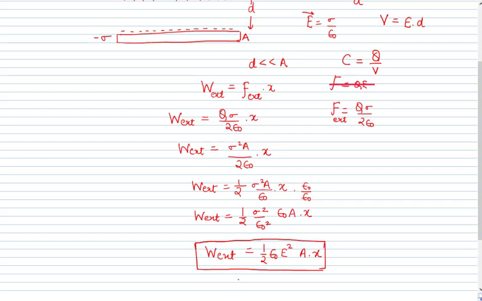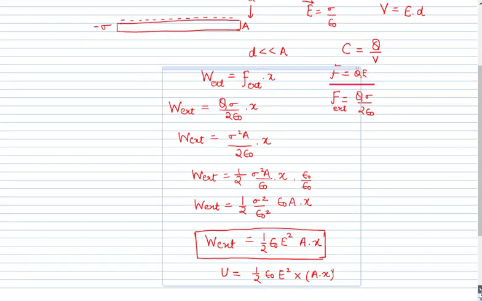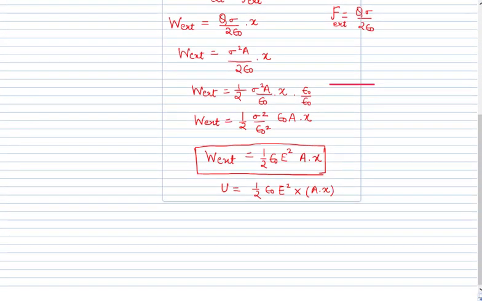So if you want to calculate the energy, it is equal to U. Potential energy is represented with the symbol U. So we can write U is equal to half epsilon naught E squared multiplied with A into x. X is the distance we have traveled, and since A into x is the area into the length, we can also write this in terms of the volume. So this is the energy.